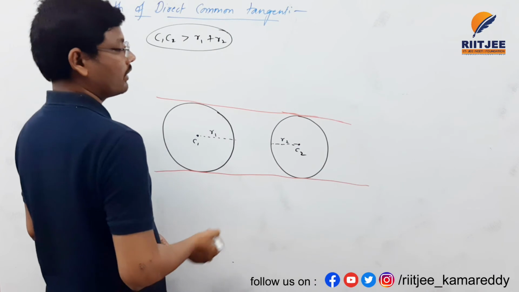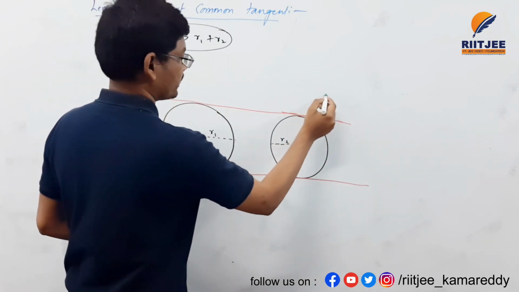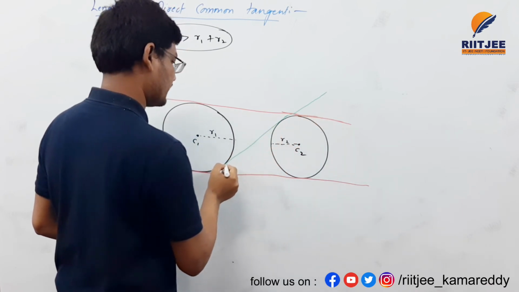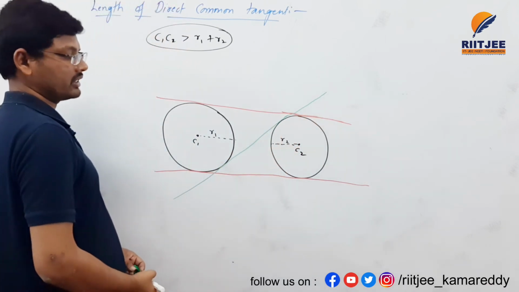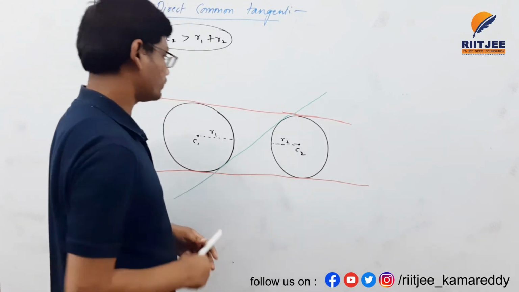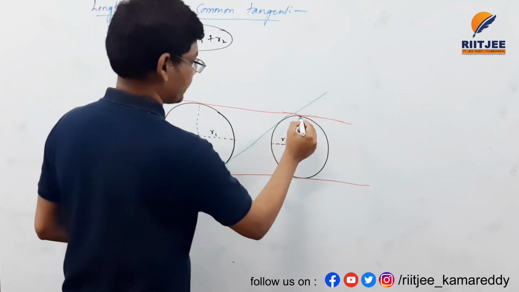I am drawing one more tangent line here, that is a transversal tangent. This is radius and this is also radius.